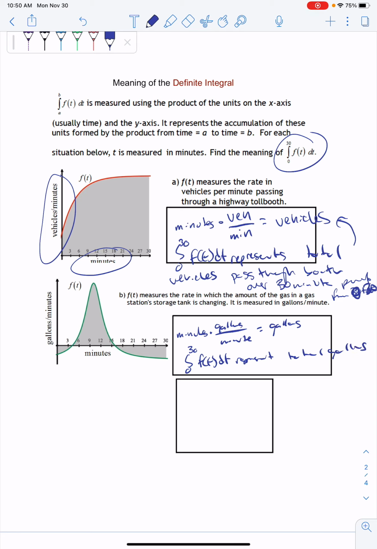The total gallons that what? The amount of gas in a gas station storage tank is changing. The total gallons in the storage tank over the 30-minute period.